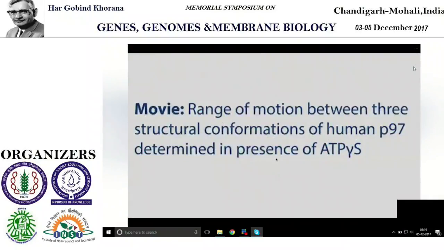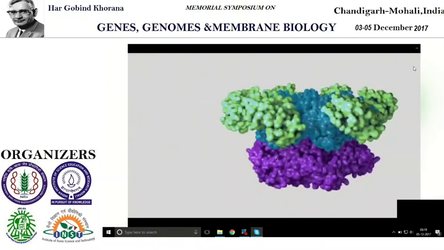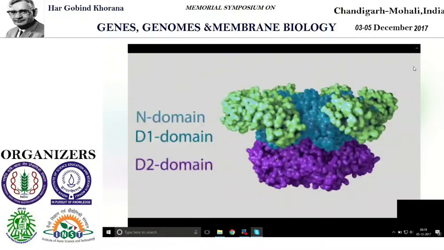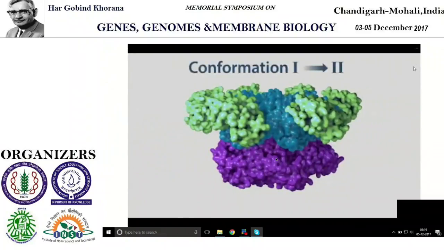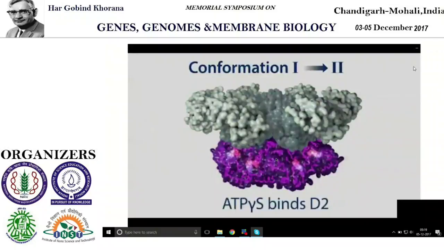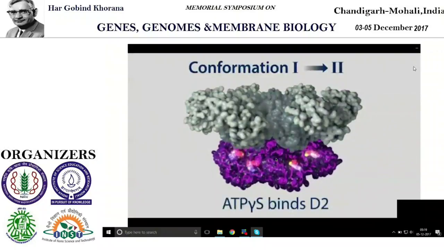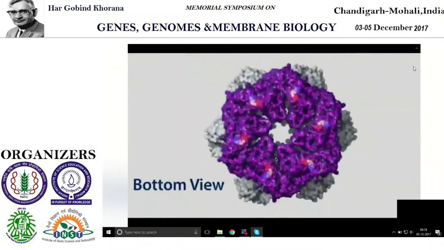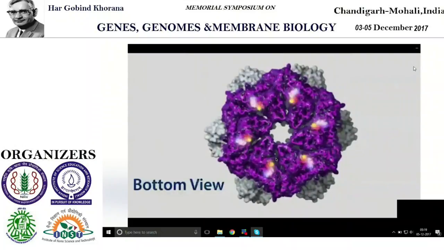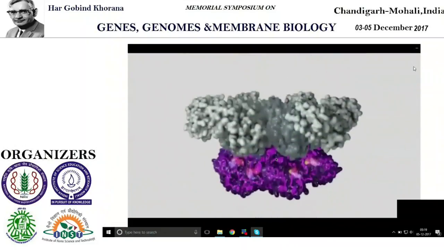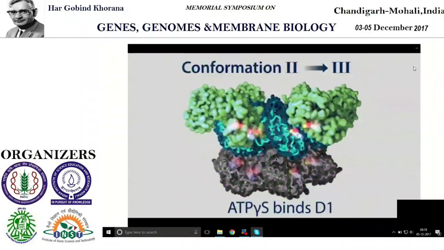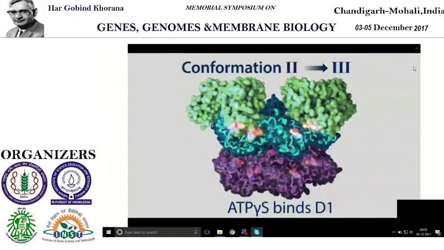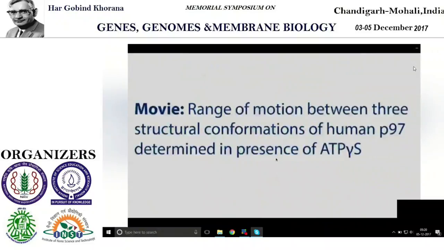And this is demonstrated in this model, which shows the structure in the ADP bound state. And what we showed is that when the first molecule of ADP is exchanged with ATP gamma S, there's a change in one of the nucleotide binding domains that's shown in magenta. But when the second molecule is exchanged, there's a much larger structural change, leading to an opening out of the N-terminal.